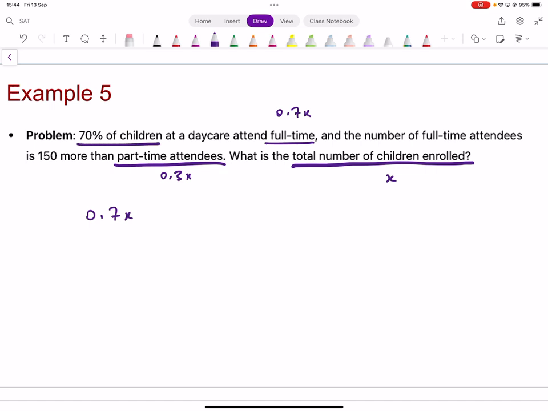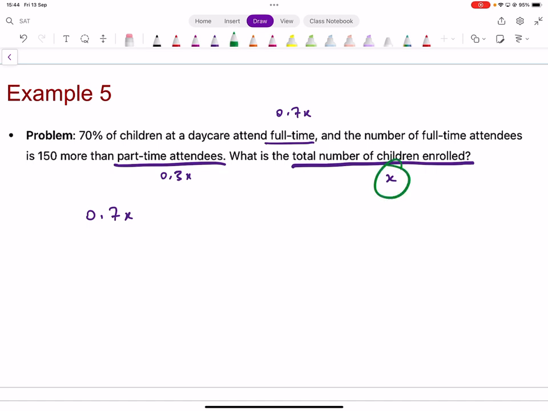70% children attend full time. If we call the total number of children x, what's 70% of that? 0.7x. So out of 100, let's say 70 attend full time. The rest 30 attend part time. Right now we're just naming these variables.